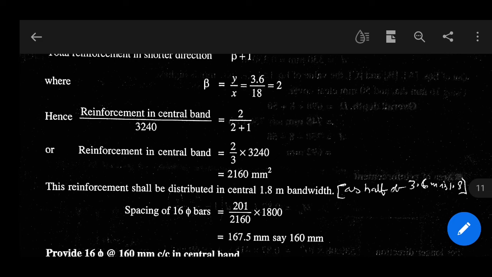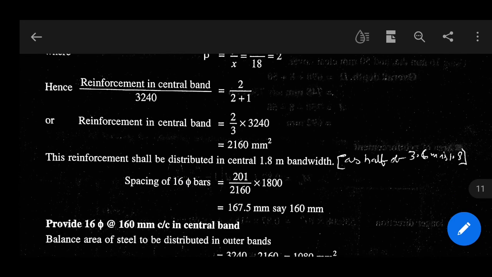So spacing of 16 dia bars is equal to 201 by 2260 into 1800, which is equal to 167.5 mm, say 160 mm. Now provide 16 mm dia bar at the rate of 160 mm center to center in central band. So we have to design differently for central band reinforcement.